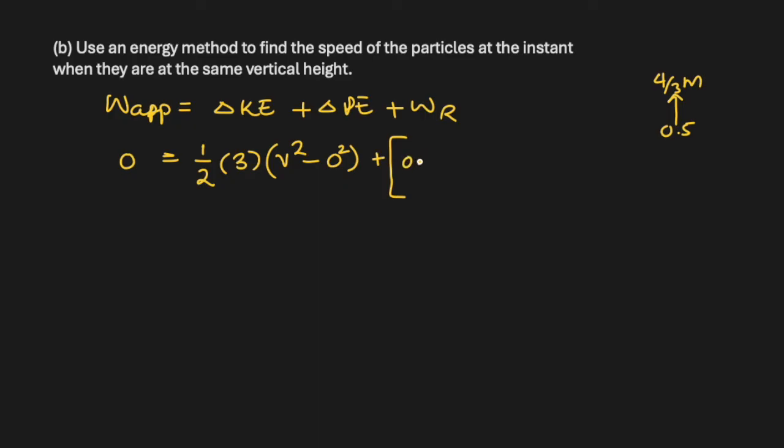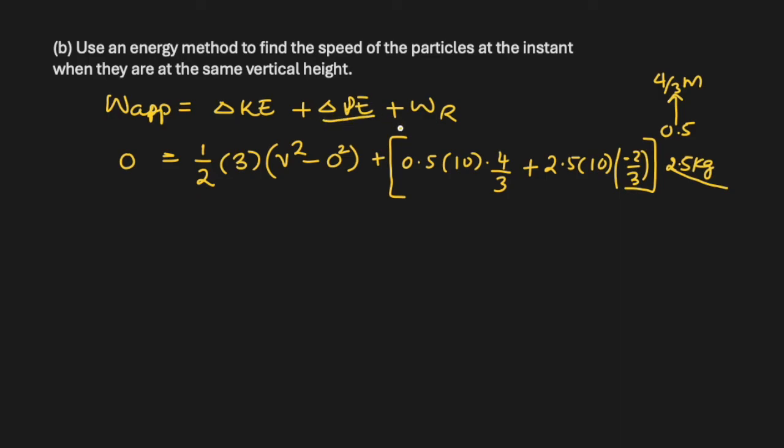So m, g and h, this is the gain by the first body, but the second body, which is 2.5 kg, will be, let's write here, plus. Its mass is 2.5, then g is 10, but it is decreasing, it is going down by minus 2/3 meters. So this is the potential energy difference. One is gaining, one is losing.